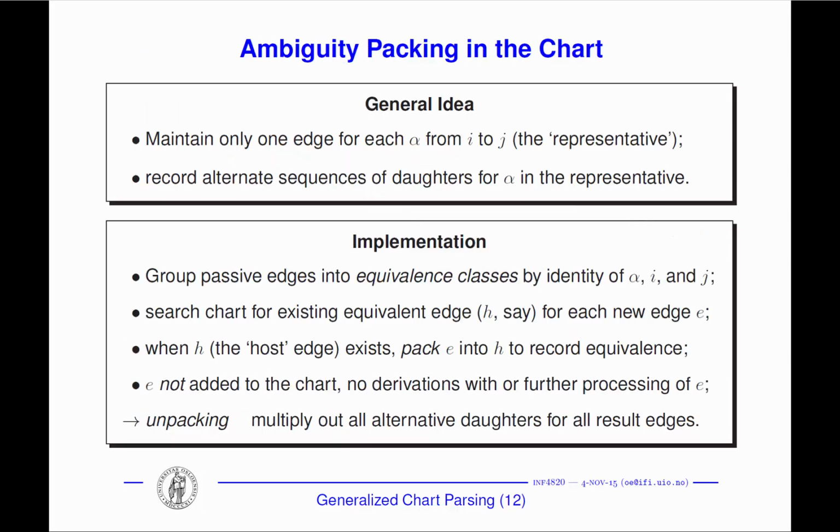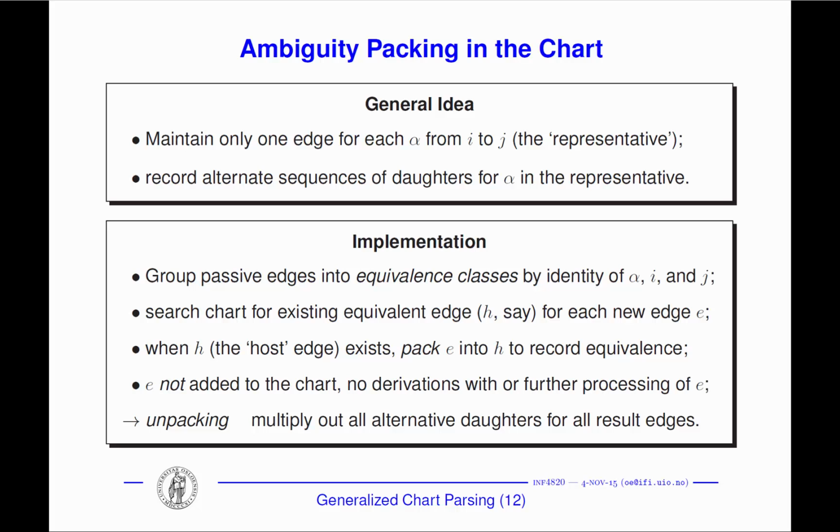Here's the general idea. For each category alpha from i to j, a substring, I'll maintain only one edge in the chart, and I'll sometimes call that the representative edge. That edge represents potentially a set of structurally different analyses for the same substring that derive the same category alpha. And I'll record all of these alternate sequences of daughters in the representative.